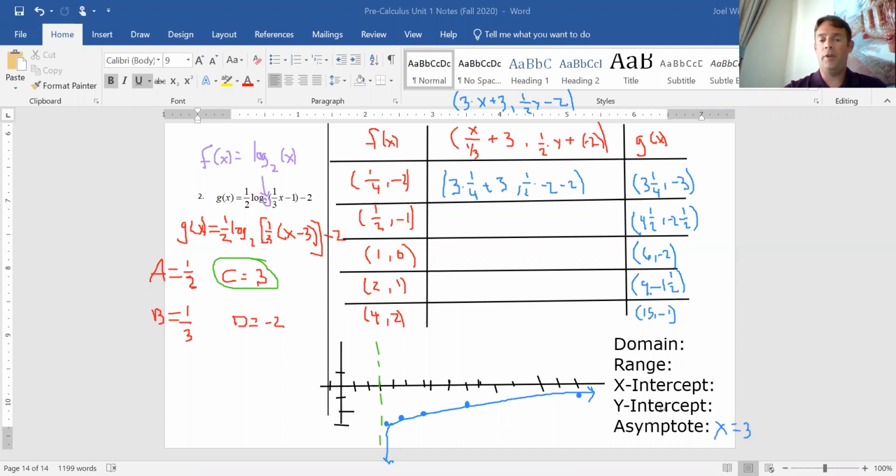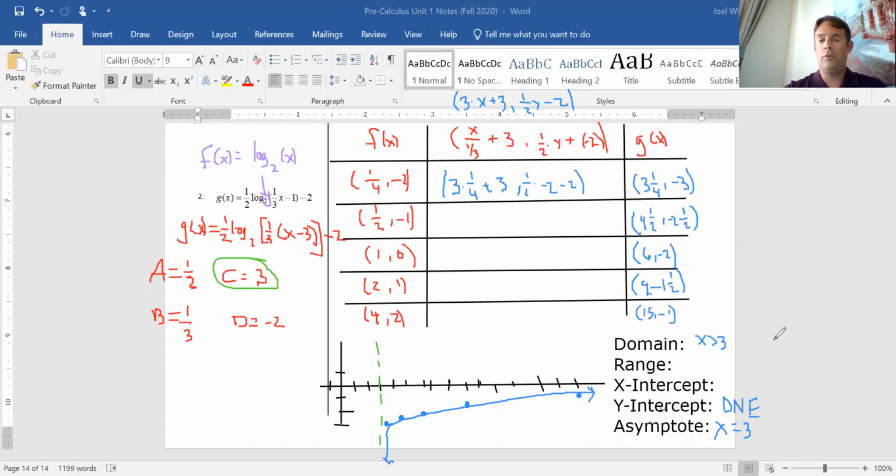I can also see that I'm not going to cross my vertical asymptote, so I won't have a y-intercept again. If I did have a y-intercept and I had to find it, I would just plug 0 in for x and go find the y value. Domain, well, it looks like it's greater than my asymptote, so I would say then x is greater than 3.